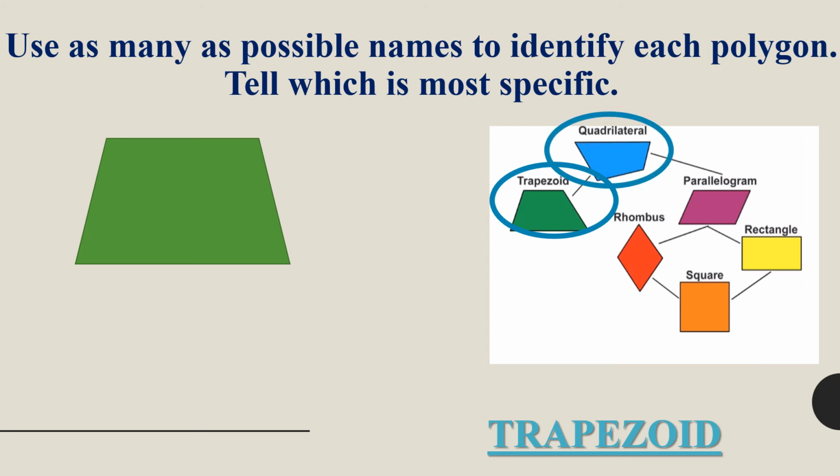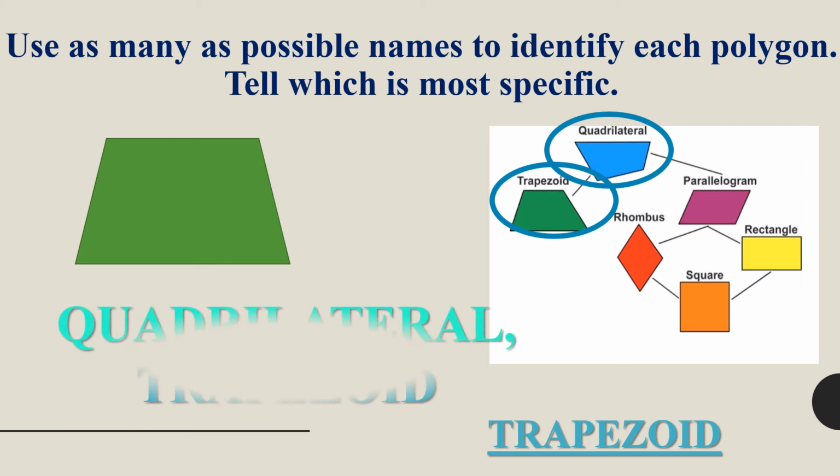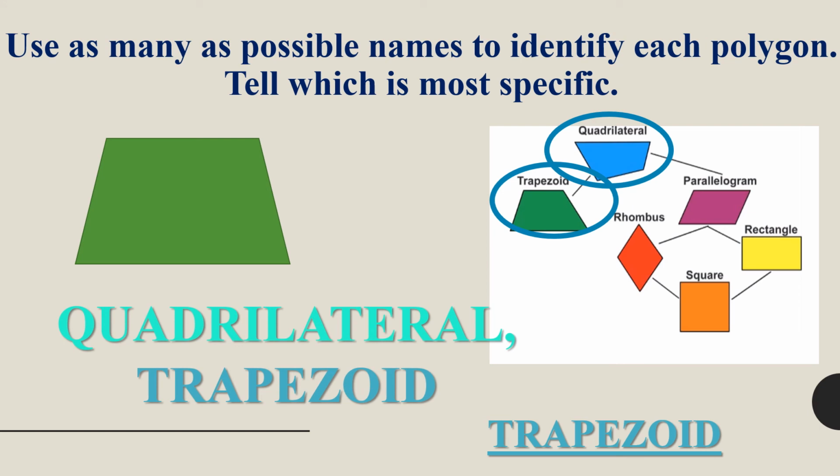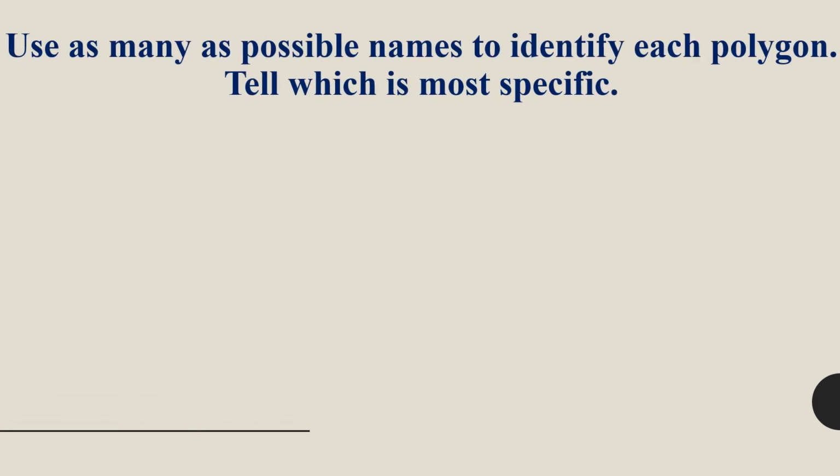Now let's try one more. Now let's solve one more problem. Use as many names as possible to identify each polygon. Tell which is most specific.